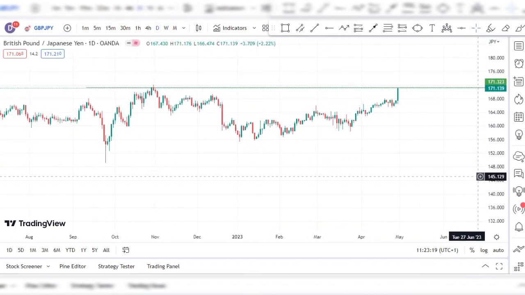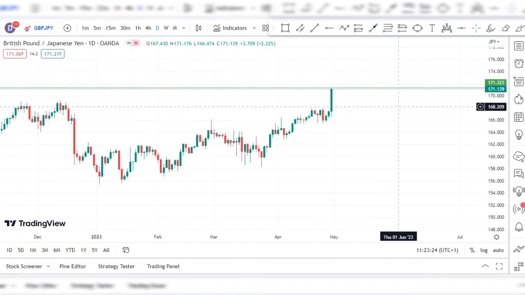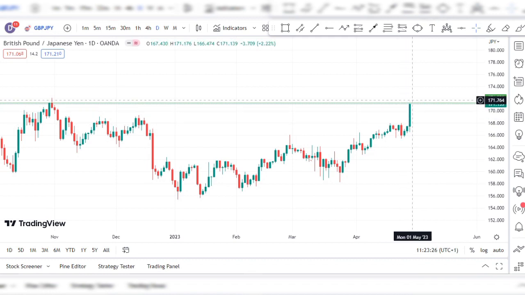We can see the daily candle, the Friday candle, was quite bullish, how strong it was. And now that we've gotten here, all we need to do is wait to see how price reacts.